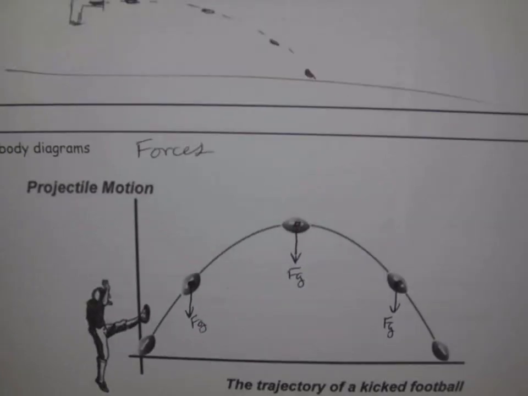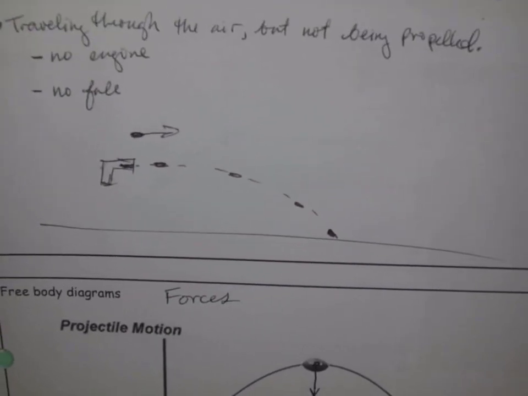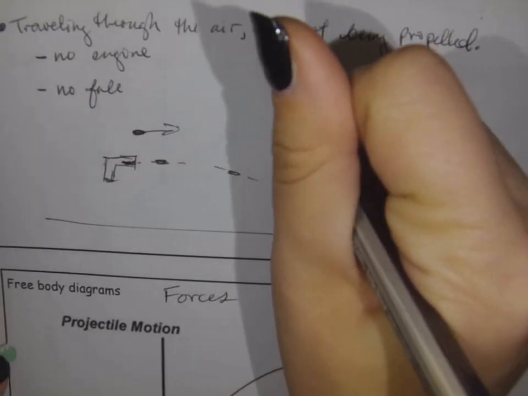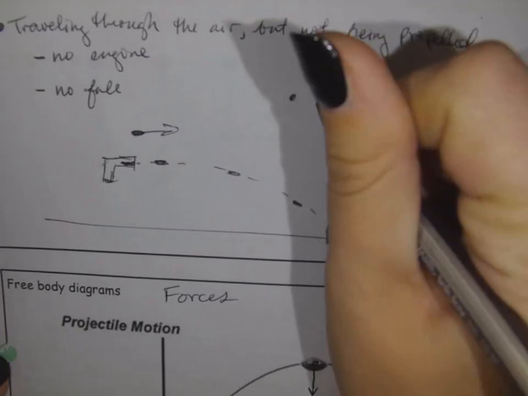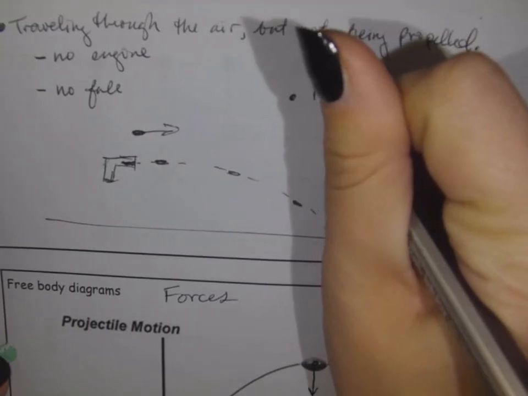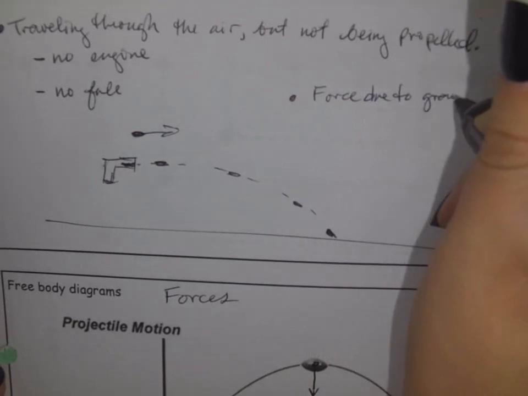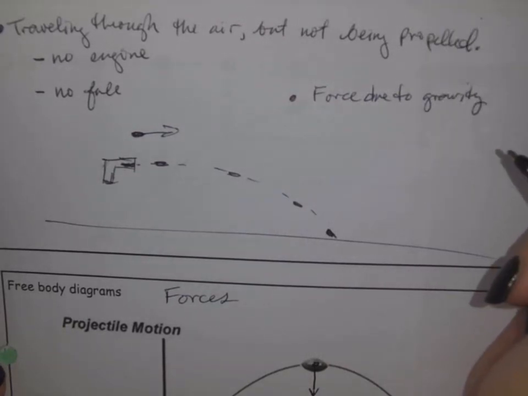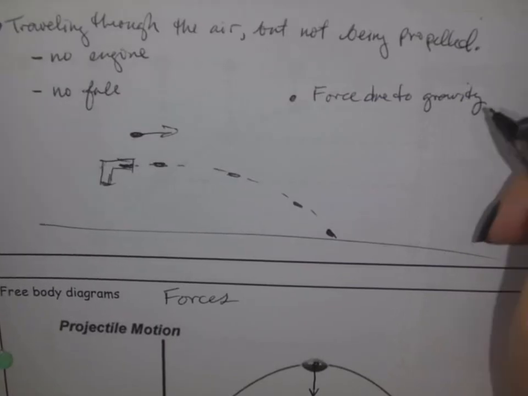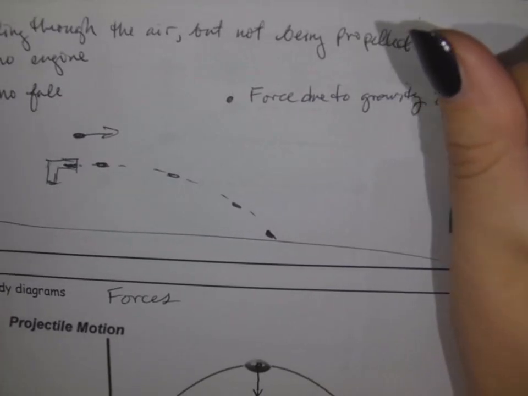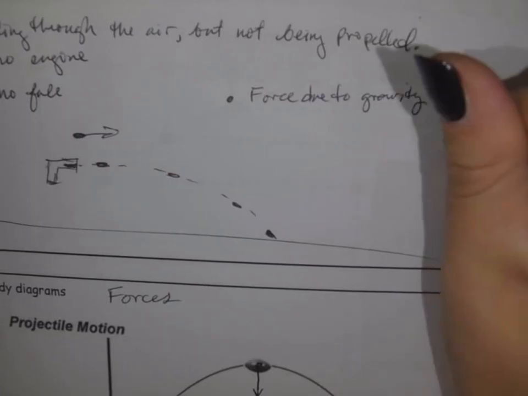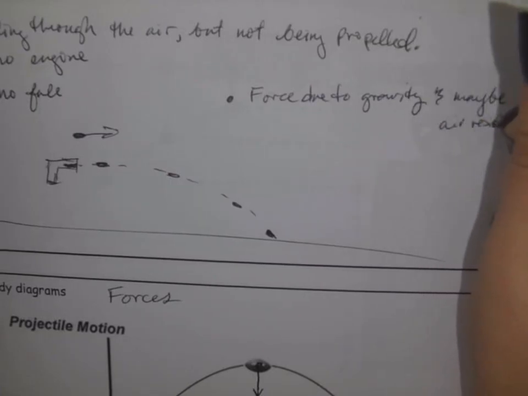That's another base portion, a definition of a projectile: projectiles have a force due to gravity. And if we're being really technical, they might also have air resistance.